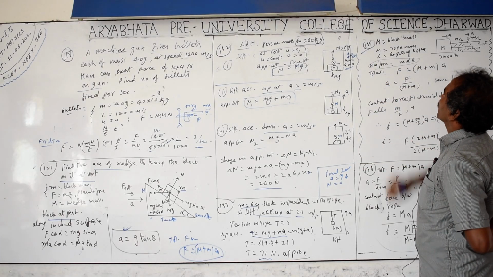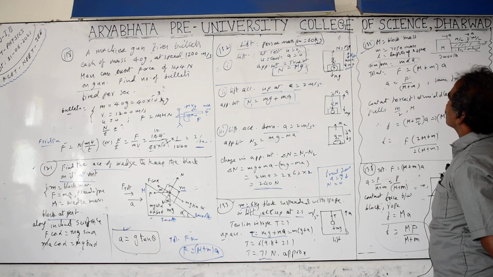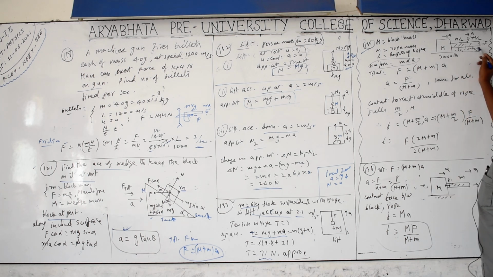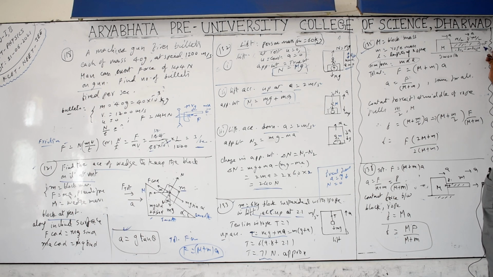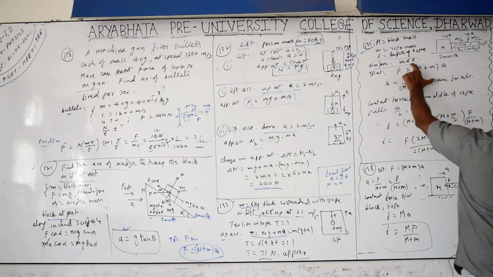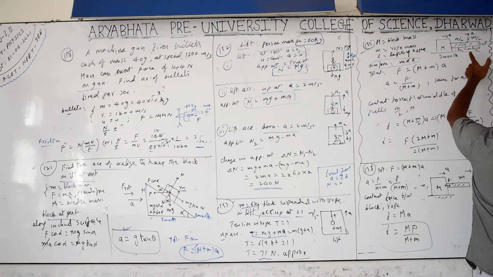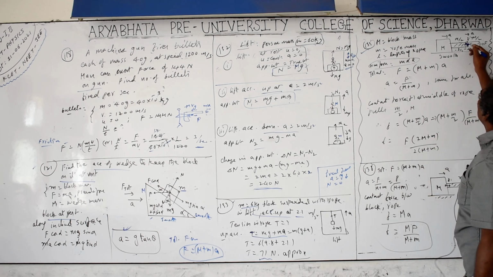Next, 135. Capital M is the mass of the block, small m is the mass of the rope tied to it, and length of the rope is L, pulled with a force equal to F. What is the tension in the rope at the half of the length? Uniform thickness they gave you, uniform rope, mass is proportional to length. If length is half, mass also becomes half. And they asked at the midpoint what is the tension.